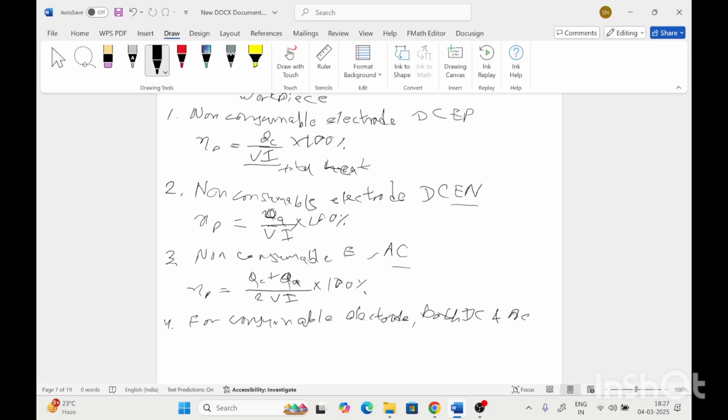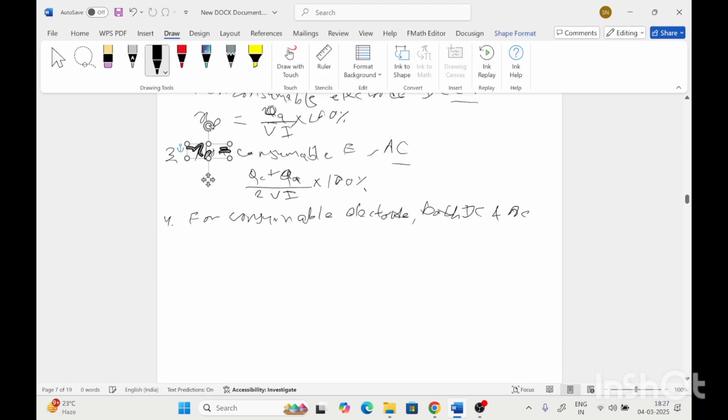So the heat efficiency can be written as QC plus QA divided by VI into 100%.